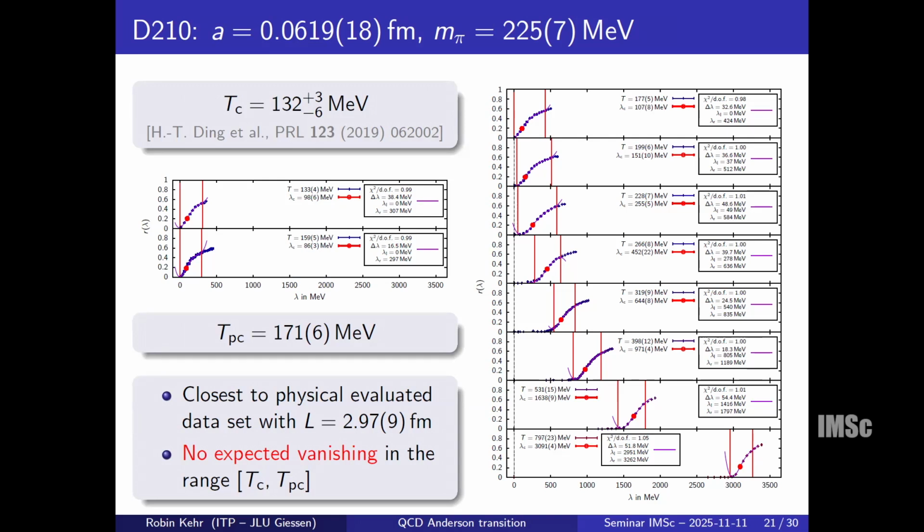Here the pseudocritical temperature and the temperatures in between, and here all the higher temperatures, and everywhere we find the mobility edge. This looks kind of surprising since we expected it to vanish somewhere in that interval, but it does not.